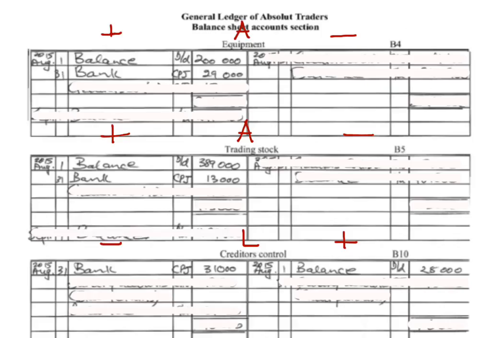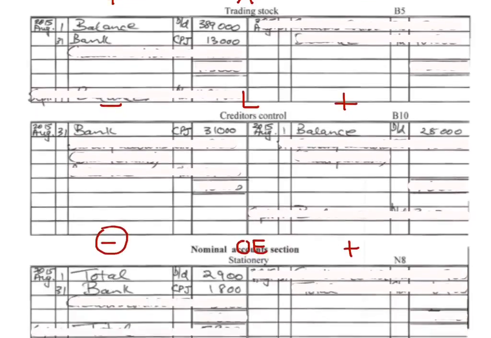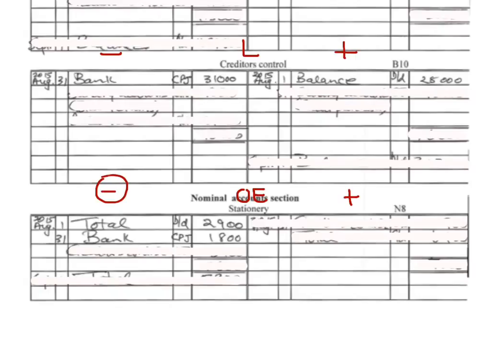So when I go to my Creditors Control account, it makes sense to me that I should put it on the credit side because I'm increasing the account with sundry accounts, total credit purchases. I use the term sundry accounts because it has more than one debit. So therefore I refer to the collective name called sundry accounts.